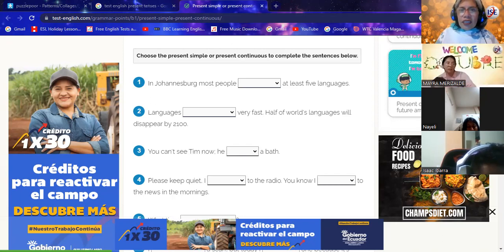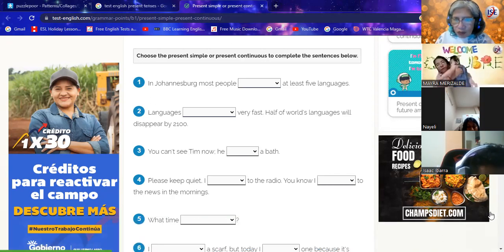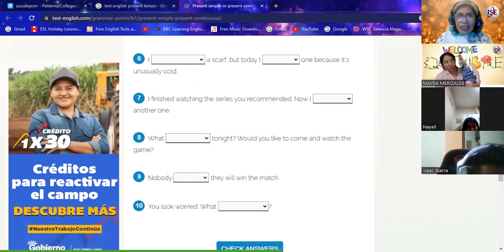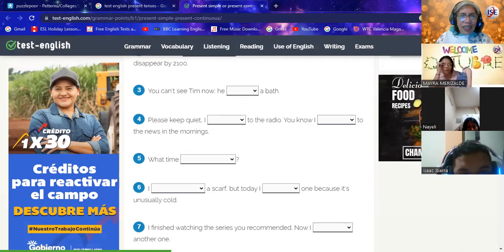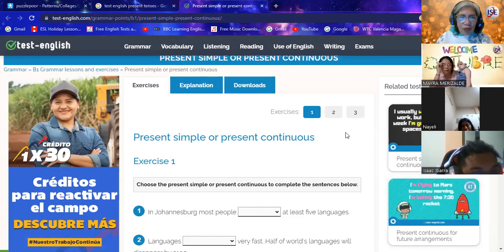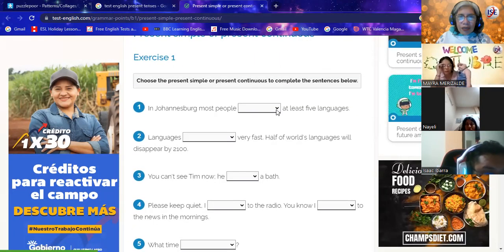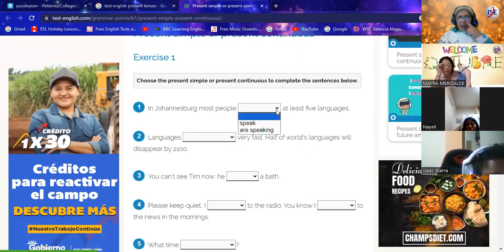Okay. So we are working with simple present and present progressive, okay? Okay, so we have this. Let's begin with Isaac. Isaac, number one. Read the sentence, please, with the correct verb tense.